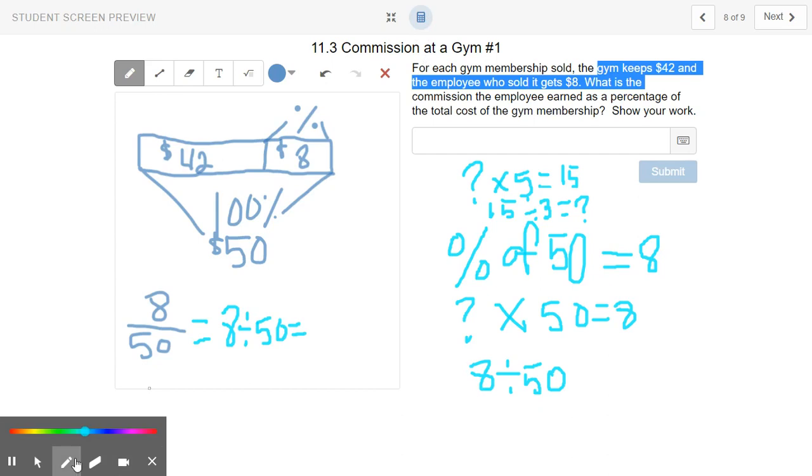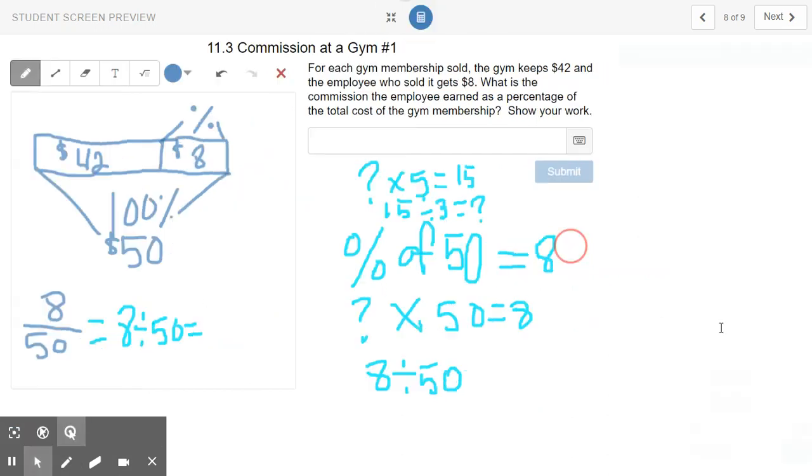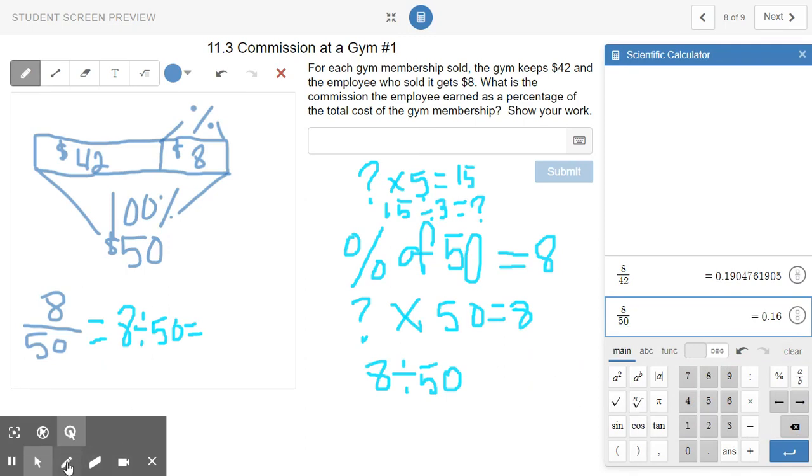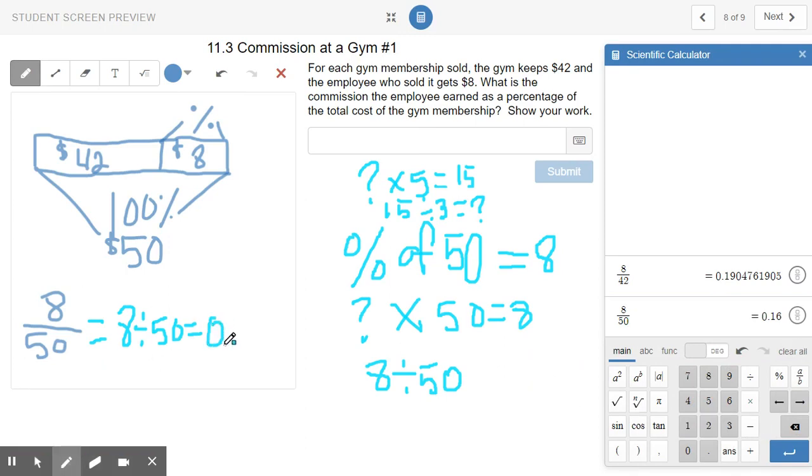So let's figure out what that is going to be. What is 8 divided by 50? See, this is what my wrong answer was. All right, so we get 8 divided by 50 is 0.16.